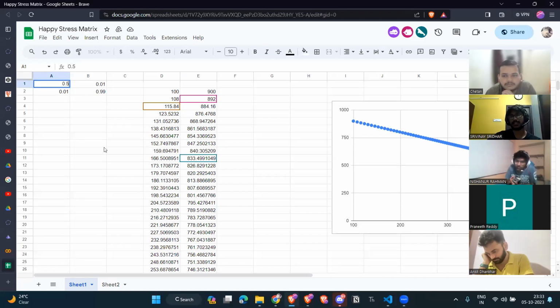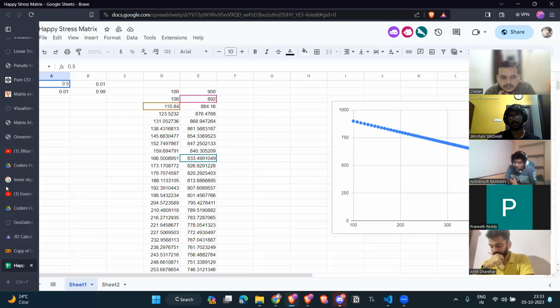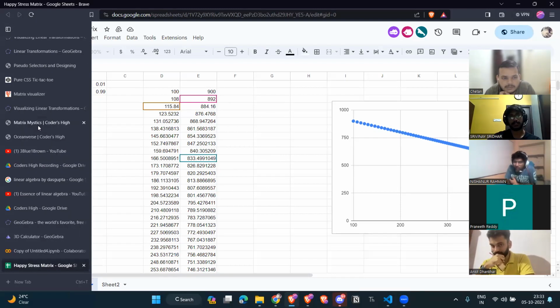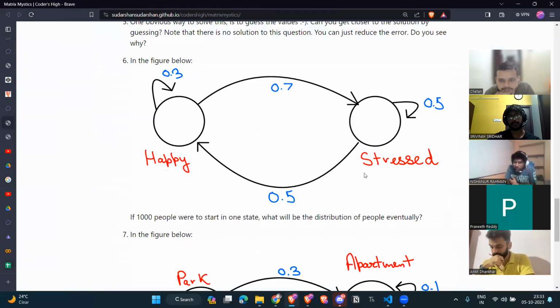Nishan, you tell us what are the two equations? What is the equation for happy, and for stressed, what is the equation? Happy, it is 0.3 of happy plus 0.5 of stressed. Perfect. For stressed, it is 0.5 of stressed plus 0.7 of happy.